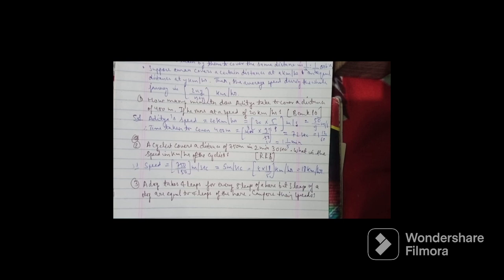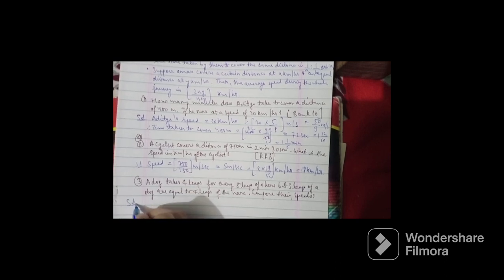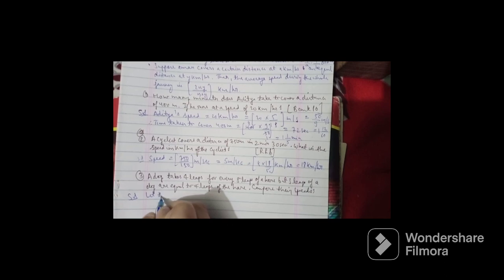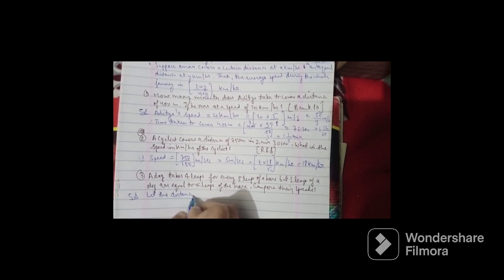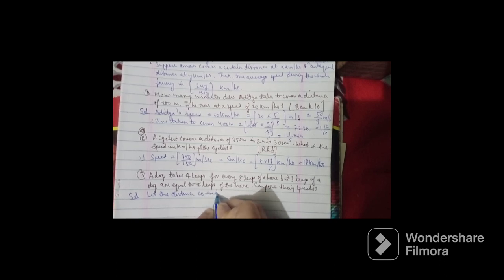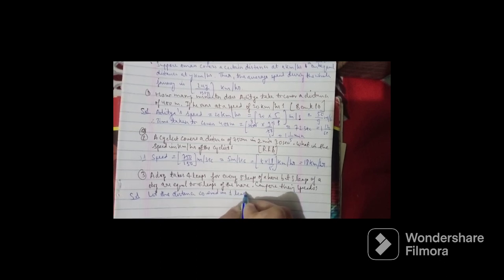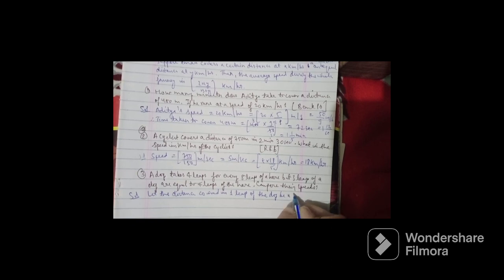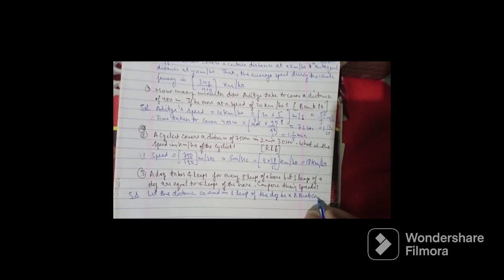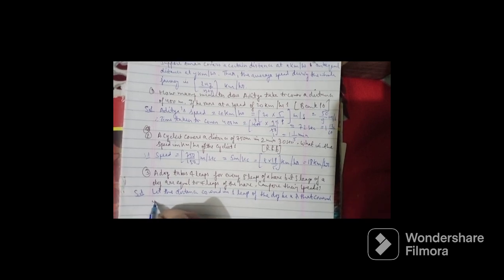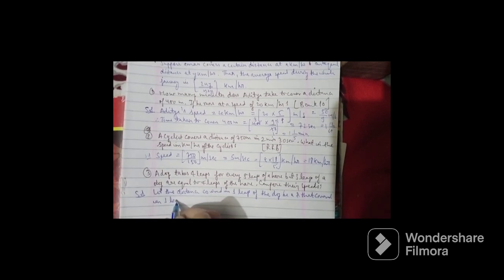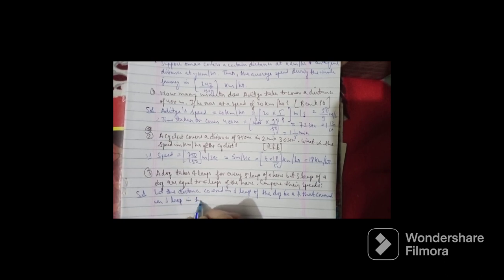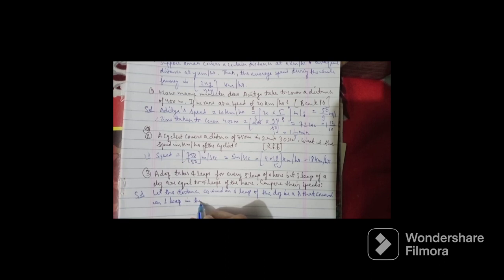Let the distance covered in one leap of a dog be x, and that covered in one leap of the hare be y.